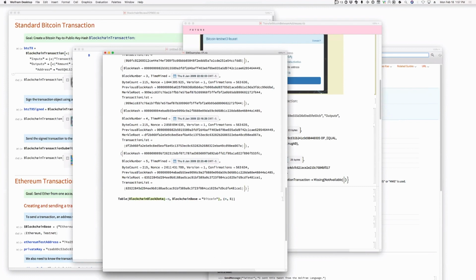And I were to look at the transaction list, and I were to look at the length of that. I see. So nowadays, many of them have quite large numbers of transactions. Usually, yes.